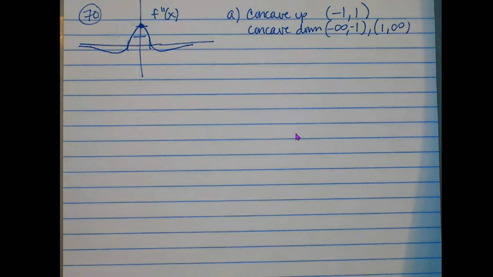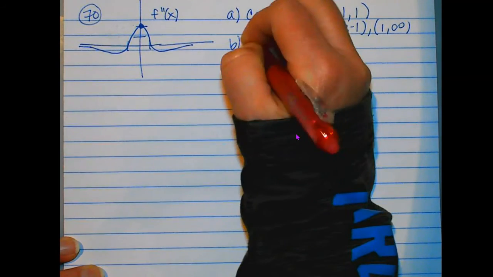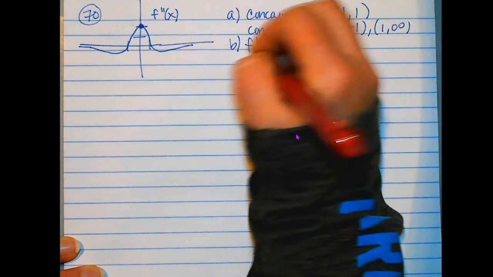And then B says the intervals on which f prime is increasing or decreasing. B, f prime is increasing, f prime is decreasing.